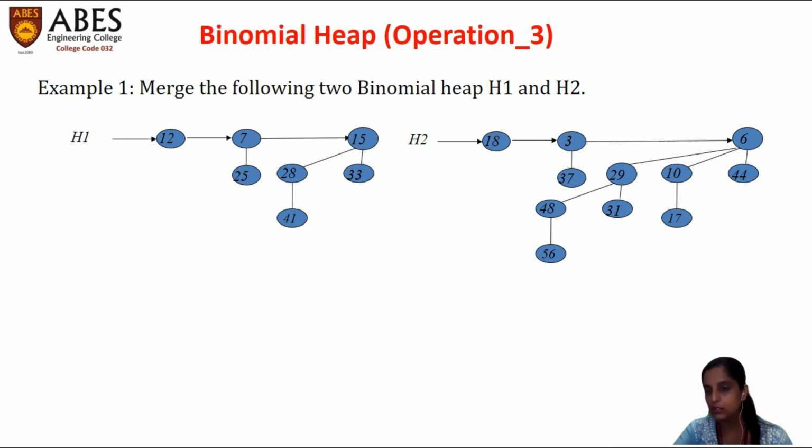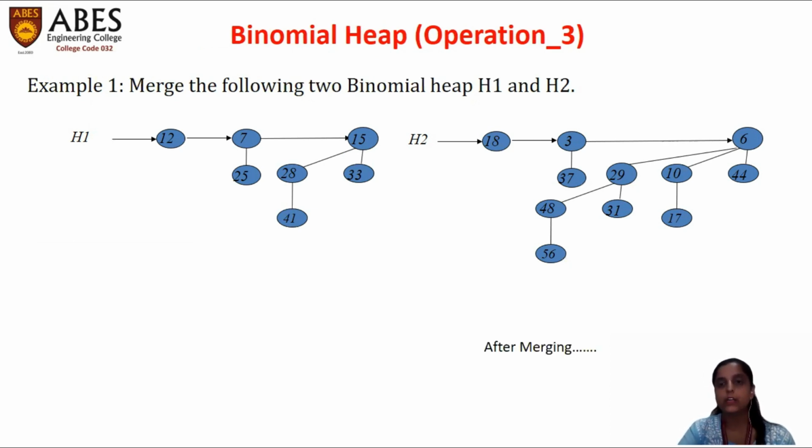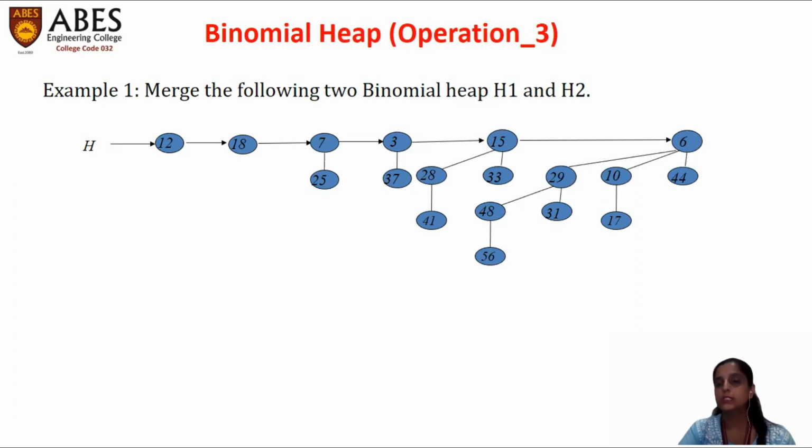This is the same question that we solved in our previous slides. We know how to merge these two binomial heaps together, right? So after merging, we got this particular binomial heap, right? Now we want to fix this binomial heap. We want to make it free from all the violations. So to make it free from all the violations, we have to apply those 4 cases on this particular binomial heap.